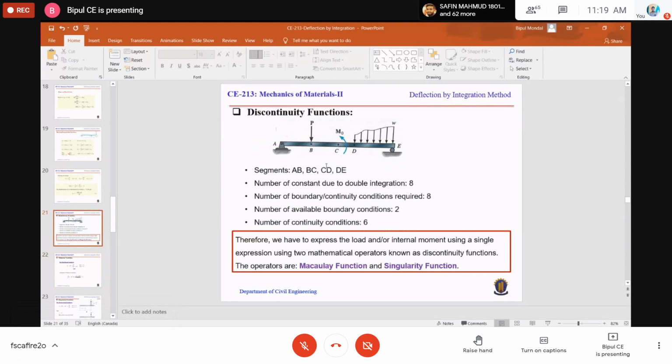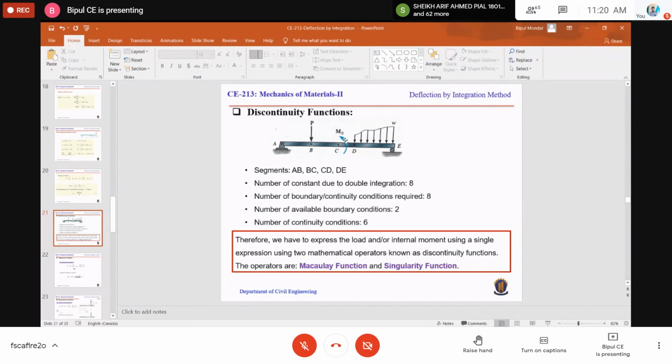So look here, a indicates, for this concentrated force P, if we measure the length from here, this one will be the origin of x. We will measure the length of this beam with respect to this point. So this point will be the origin. So for this concentrated force P, a will be this length.